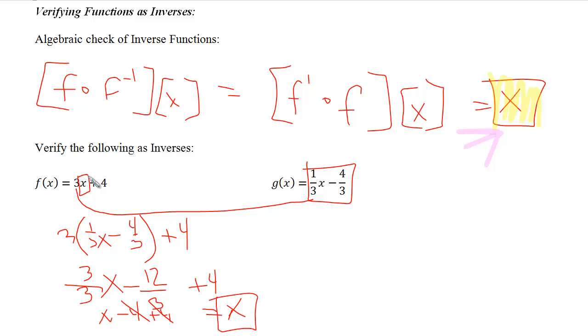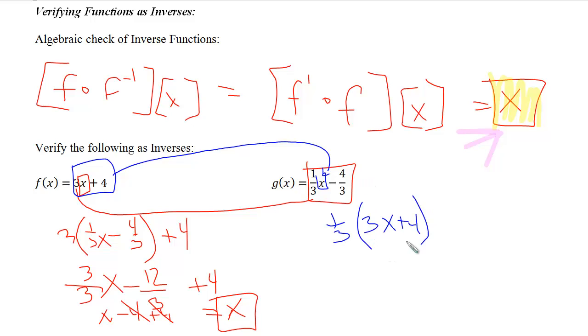And then we'll do the exact same thing, but now I'm going to take this, I'm going to plug it in for that guy. So I have 1/3 of 3x plus 4 minus 4/3. So again, we distribute this through. 1/3 of 3 is 3/3.